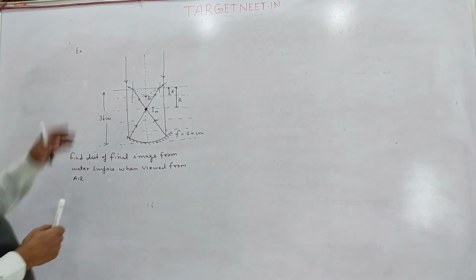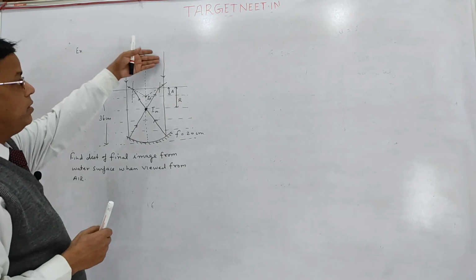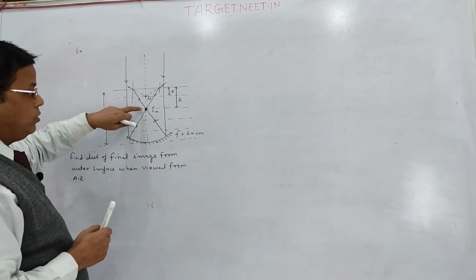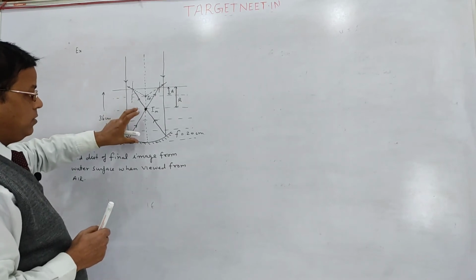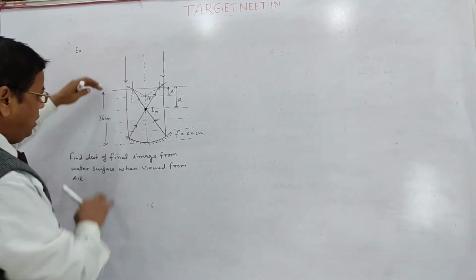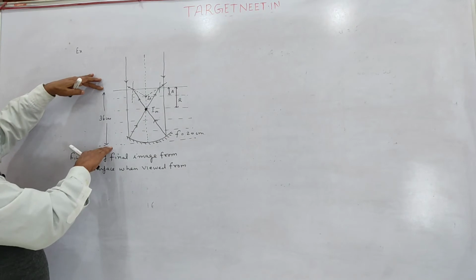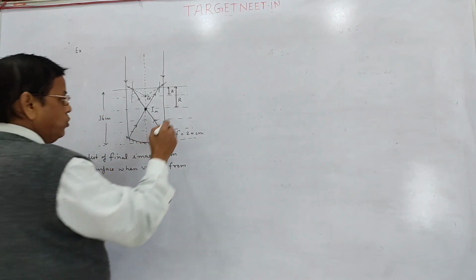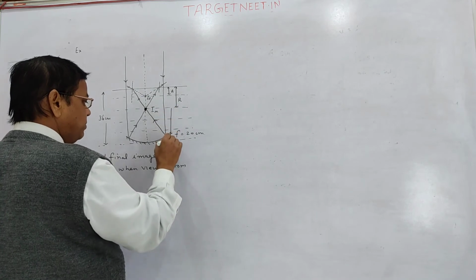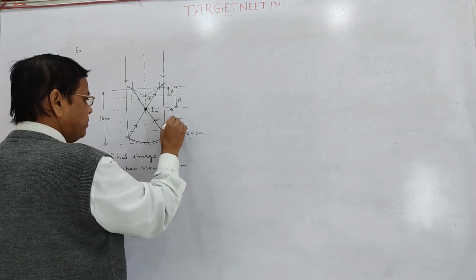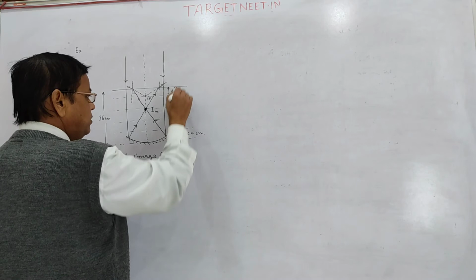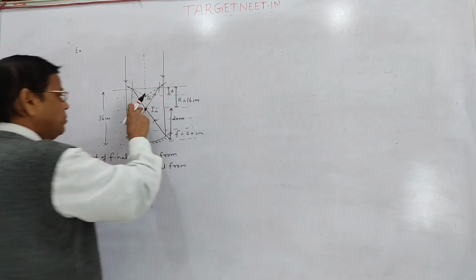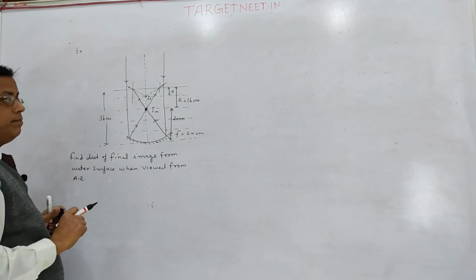So first, as you know, the object for the mirror is at infinity, so the image by the mirror will be on the focus. So this distance will be 20 centimeters and the total distance is 36 centimeters. So if this is 20 centimeters, then this should be 16 centimeters. So the real height of this image is 16 centimeters.